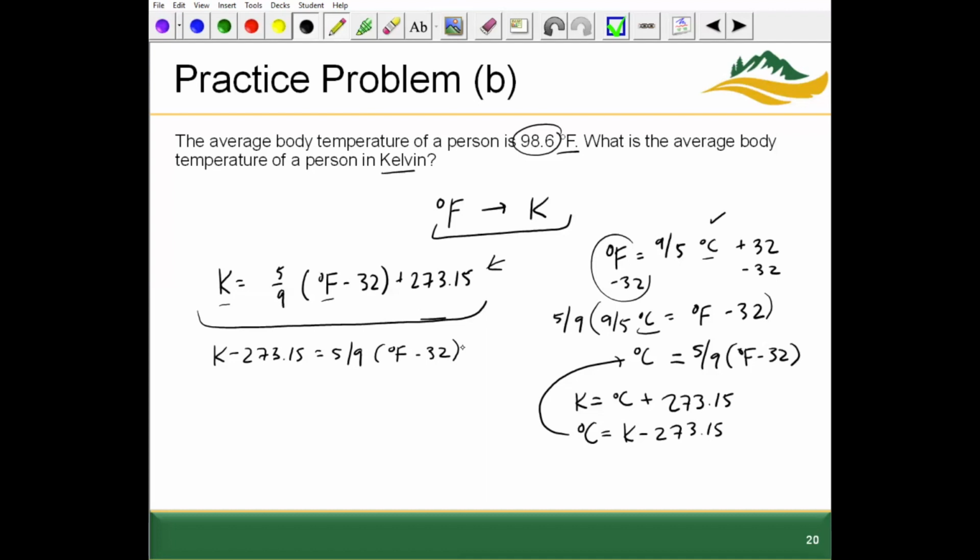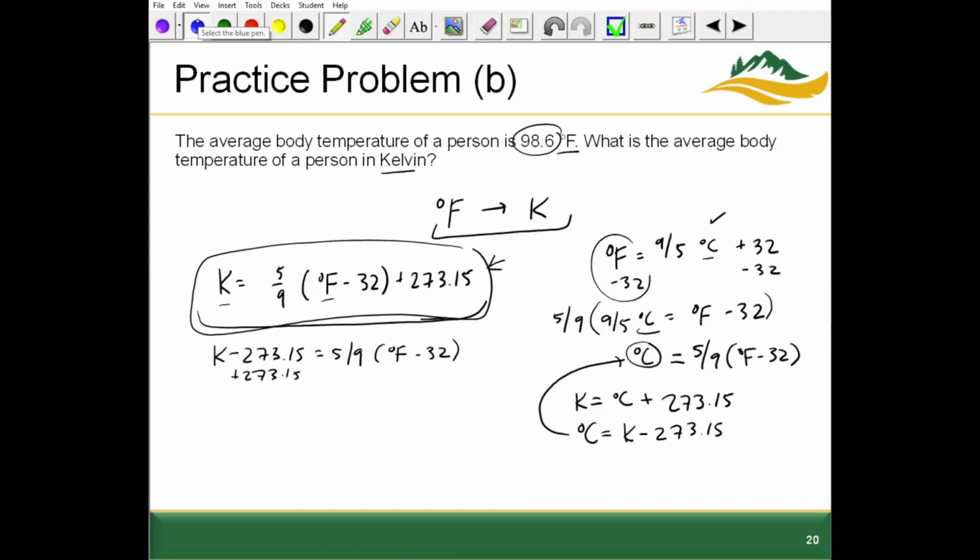I went ahead and plugged that into this meaning here for degrees Celsius. Then if we want to isolate Kelvin, like it's showing up here, then we would add 273.15 to both sides. And then we end up with this equation here to go straight between Fahrenheit and Kelvin.